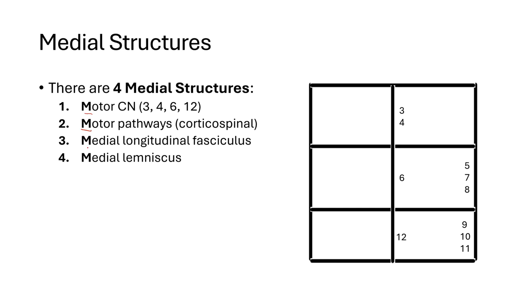The medial longitudinal fasciculus connects one of the cranial nerve 6s to the contralateral cranial nerve 3s. This is talked about in more detail in our lecture on multiple sclerosis. And of course, the medial lemniscus, aka the DCML, which does vibration and proprioception. All of these tracts are located medially, and they all start with the letter M.